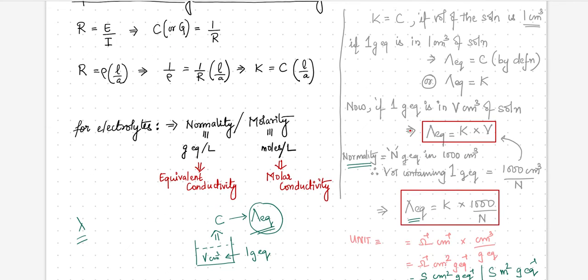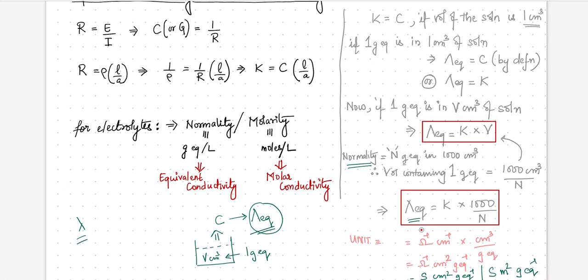If you just know the format of this expression, lambda EQ and lambda M are pretty much similar expressions we use to calculate. So please keep in mind these expressions because they are essential, especially to solve the numericals related to these topics.